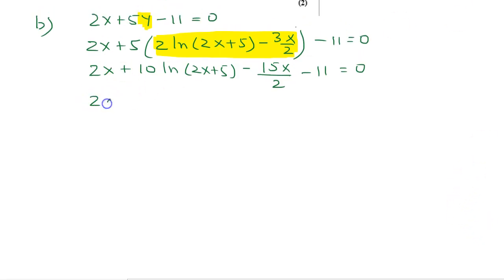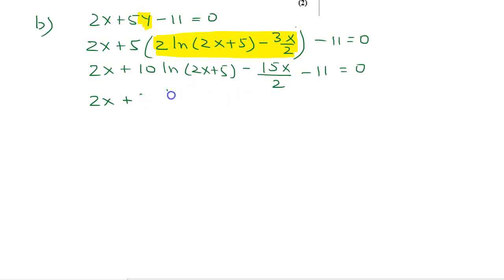So we have 2x plus 10 times 2 is 20 ln 2x plus 10, this is 50. We don't solve it because we already have this 2x plus 5 in the answer.